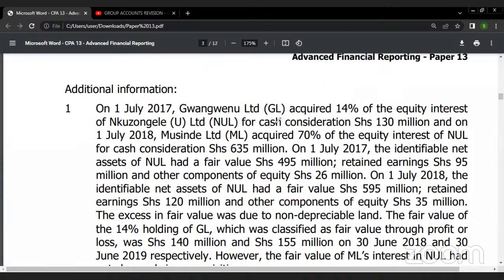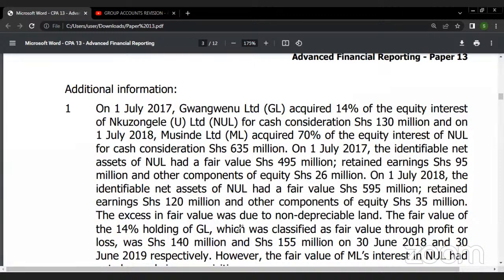But remember still, ML is not yet a subsidiary of GL so far, because we don't see its acquisition by GL. Of course, the excess in fair value was due to non-depreciable land.